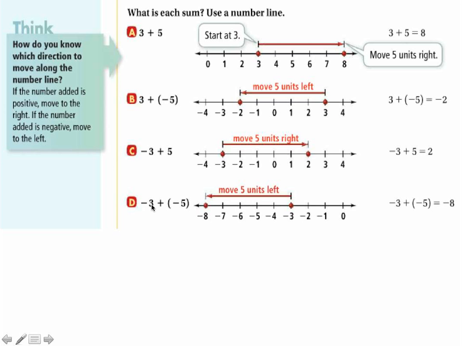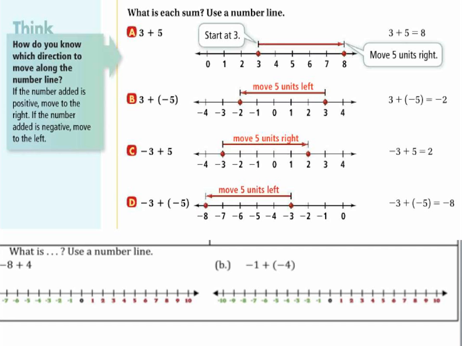And in D, start at negative 3, move 5 to the left because of the negative 5, and I'd wind up at negative 8. So negative 3 plus negative 5 is negative 8. Okay, there's a couple for you to try on the bottom, so go ahead and give those a shot. Make sure you fill those in, so we can know that you're doing the right thing.